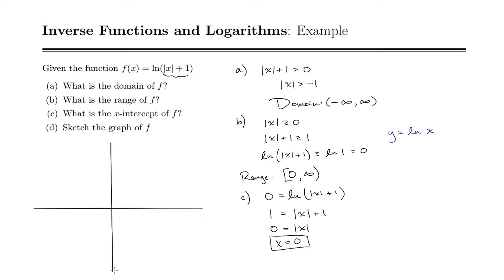We know what that looks like. And then we'll do some transformations. First thing we'll do is we'll take y equals the natural log of x plus 1. And that is a shift to the left of 1. So we now have an asymptote there at -1.